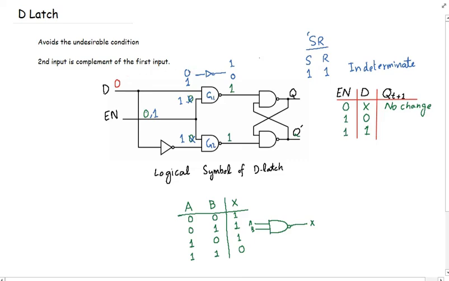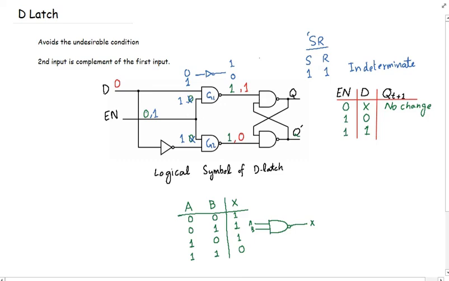So we get a 0 here and a 1 at the output of this gate. Similarly, we will get a 0 output at this gate. Now we have a 0 input to this gate and a 1 input to this one.